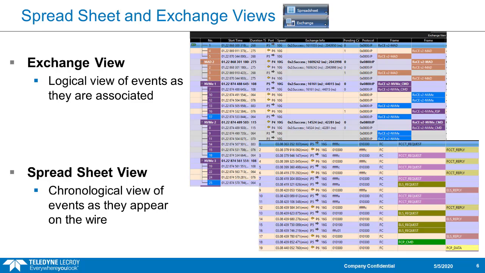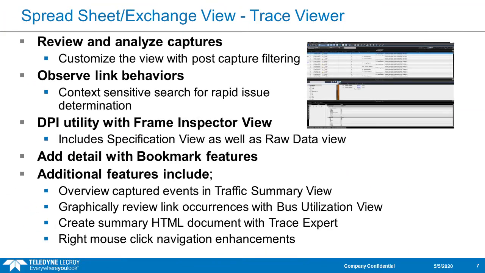Spreadsheet view presents the captured items in the chronological order they occur on the link under observation. Exchange view logically reorders the content into associated events, which is useful when analyzing dialogue characteristics between participants on the link under observation.